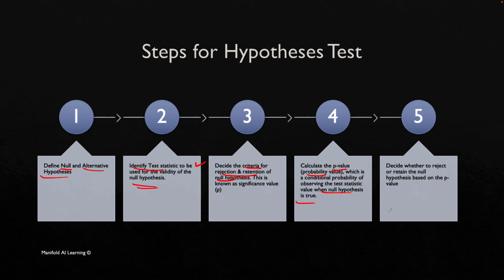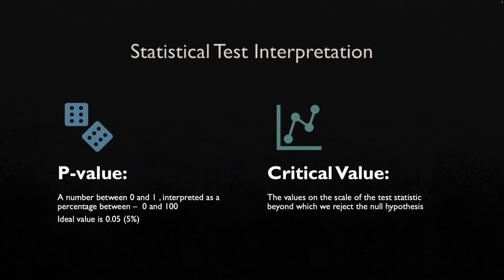Now, when we talk about this hypothesis test, there are two important terms that I have mentioned right now, that is p-value and critical value. When I say p-value, it actually represents a number between 0 and 1, and it is interpreted as a percentage score between 0 and 100. In a general scenario, the ideal value that we would consider is 5%.